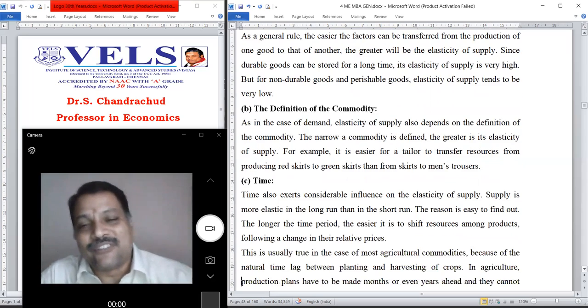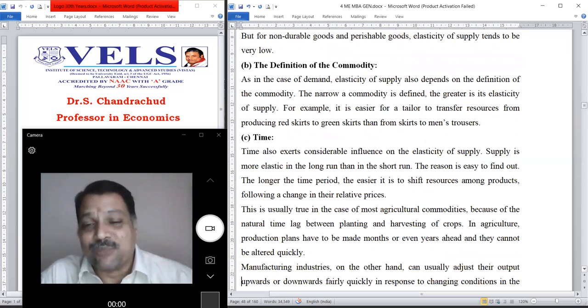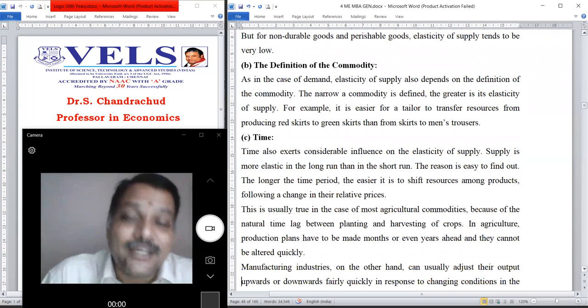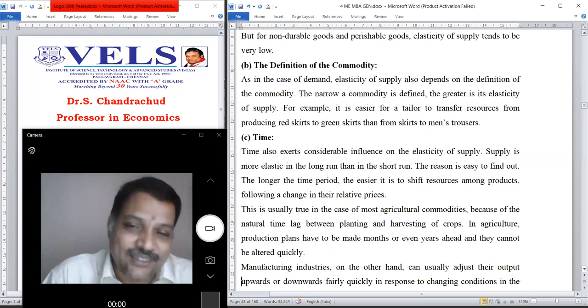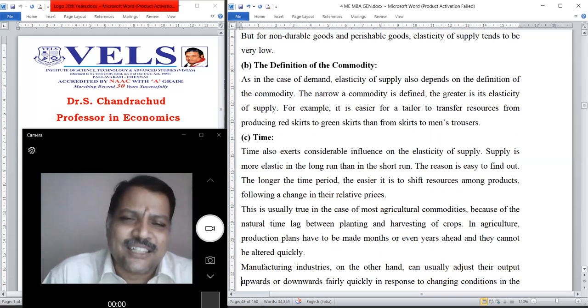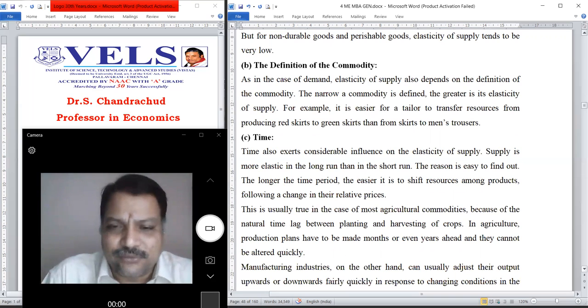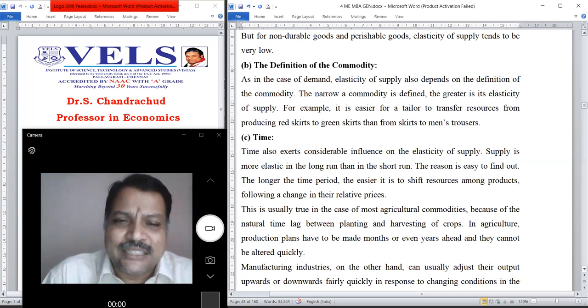The third factor is time. It is the most influencing factor for the law of supply and elasticity of supply. Time also exerts considerable influence on elasticity of supply. Supply is more elastic in the long run than in the short run. The reason is easy to find out. The longer the time period, the easier it is to shift resources among products following changes in their relative prices.